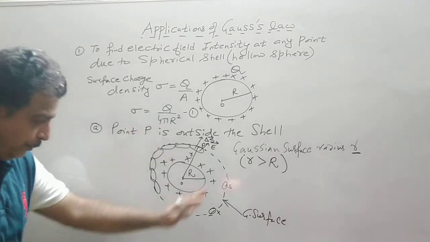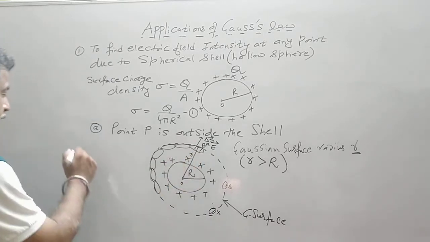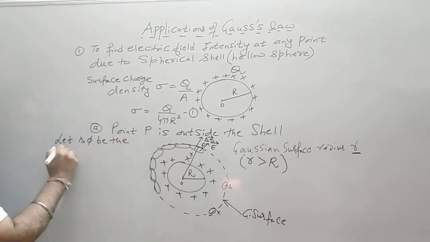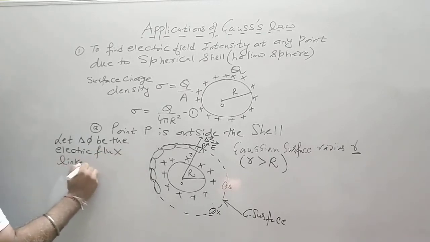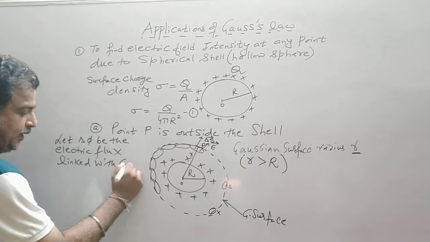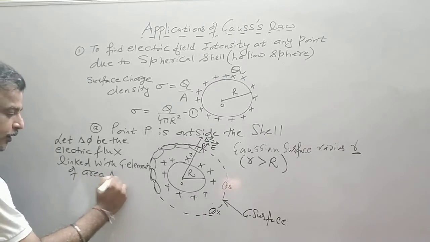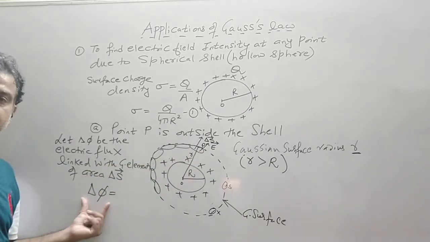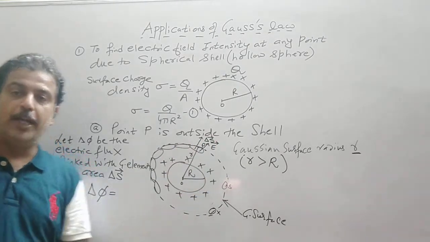So after doing this geometrical portion, we find out the flux linked with this small element. Let delta phi be the electric flux linked with the Gaussian element of area vector delta S. So delta phi is equal to, by the definition of flux, E dot delta S. Here both are in the same direction, so the angle is 0.